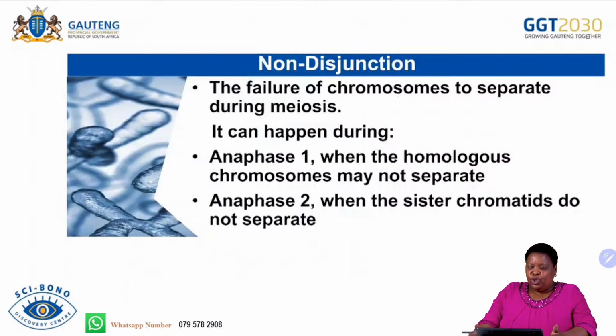In anaphase 2, the sister chromatids do not separate. Like earlier, in terms of the phases of meiosis, you need to be specific to say what happens in anaphase 1, what happens in anaphase 2. If you don't mention whether it is 1 or 2, you might lose the marks there.